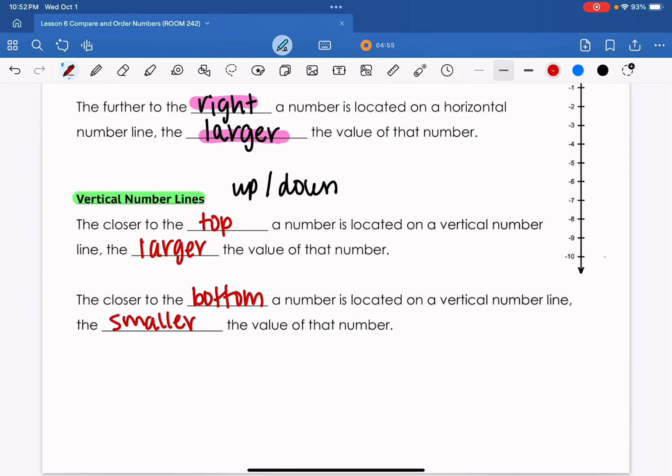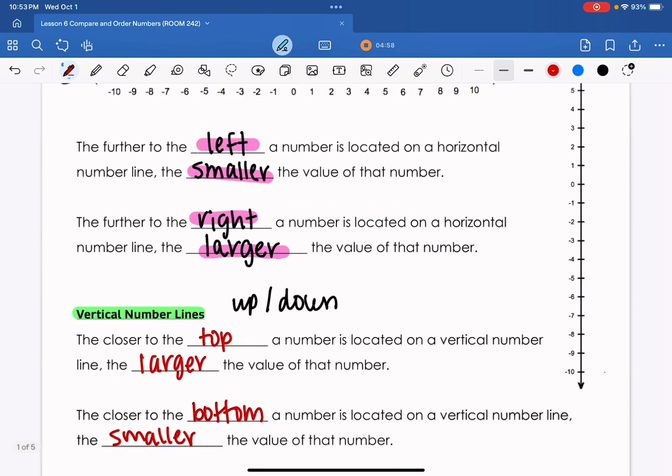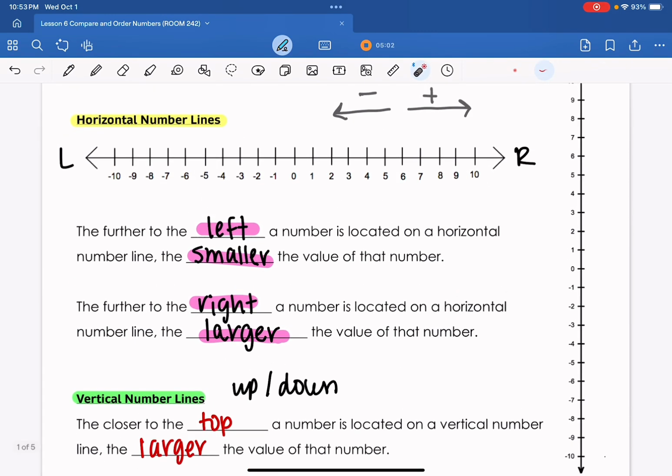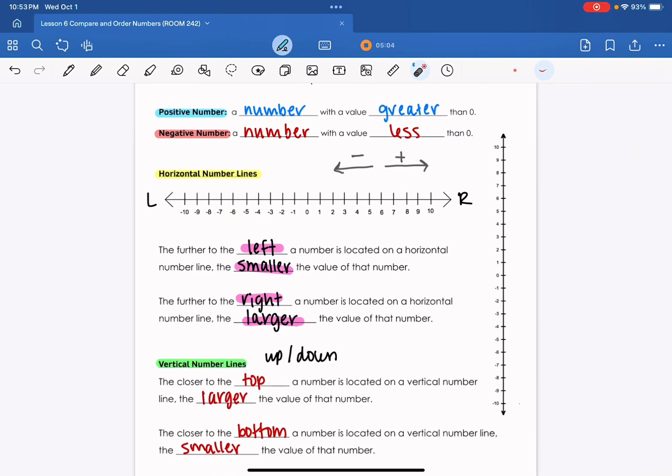So if we go over here and we look at our vertical number line, I'll zoom out a little bit. If I am at, let's say, -3, and I go 4 spaces up, so I'll go 1, 2, 3, 4, I now have +1. So I was originally at -3, and now I'm at +1.